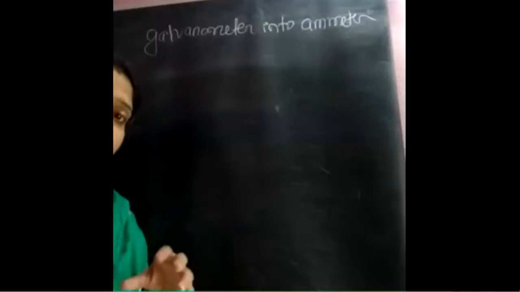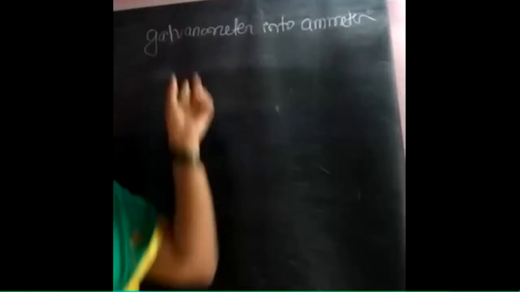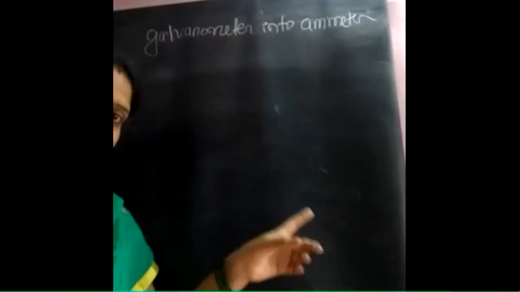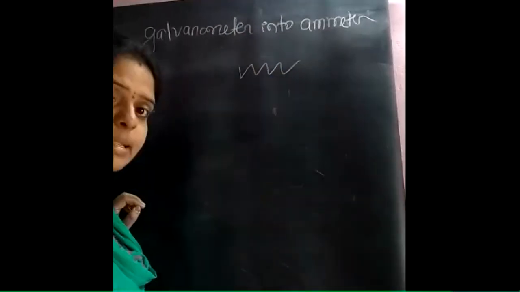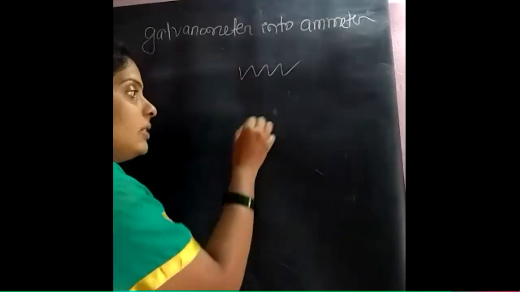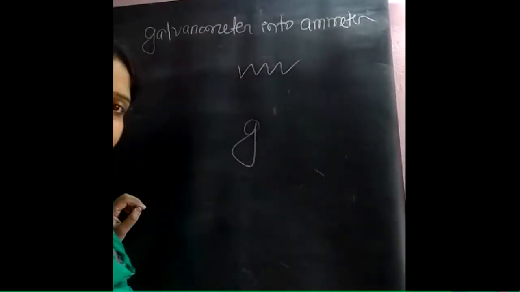Either you can connect it in series or you can connect it in parallel, right? So here, whatever resistance you are using in case of conversion of a galvanometer into ammeter, you are connecting the resistance in parallel with the galvanometer.